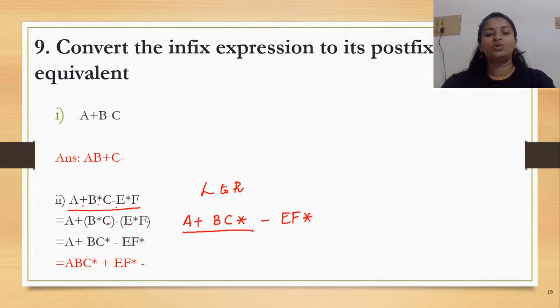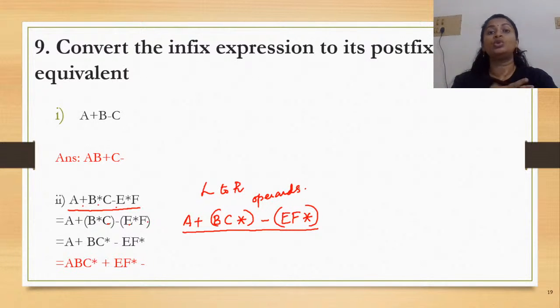So now what you need to do is treat the postfix converted forms as operands. I told you to treat them as operands so that you do not get confused. So what happens? You have three operands and two operators in between. The operators are plus and minus, which have equal priority, right?